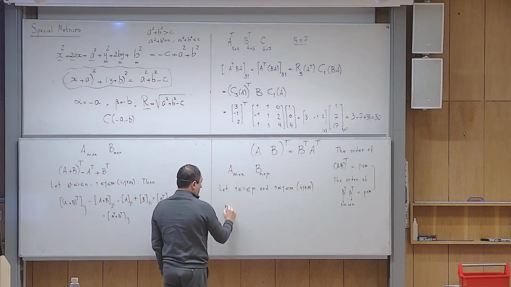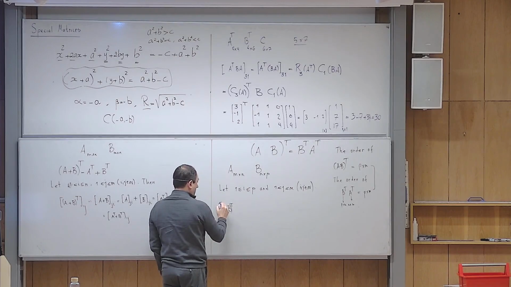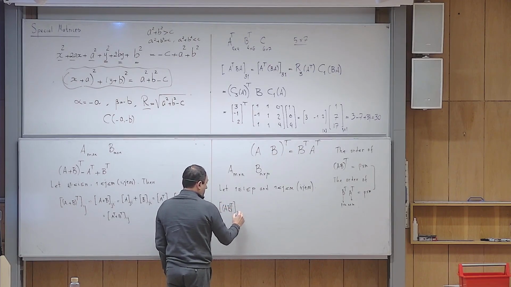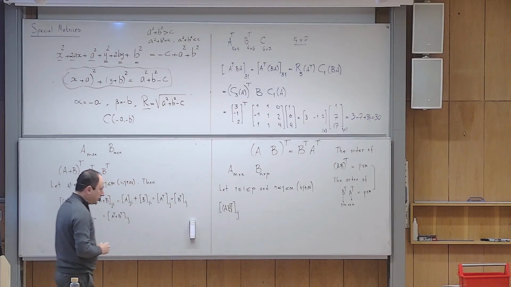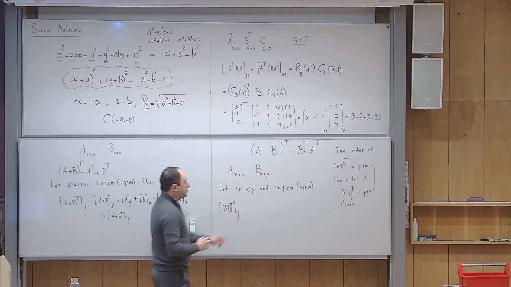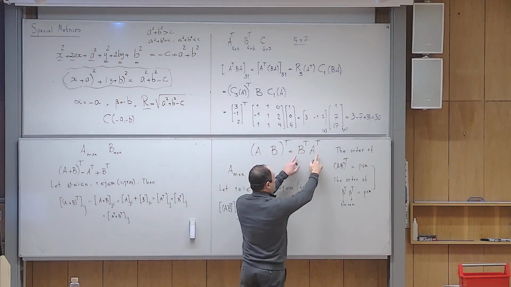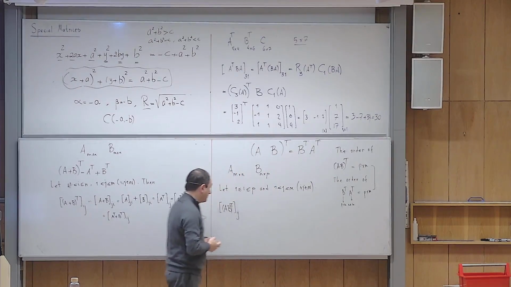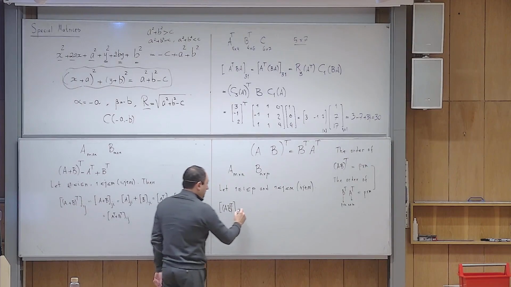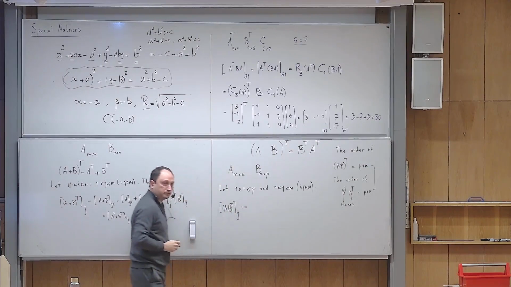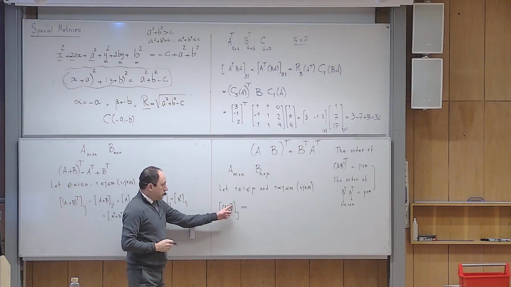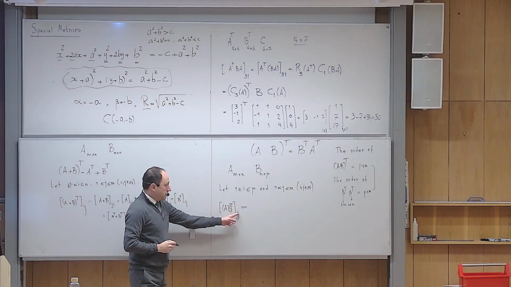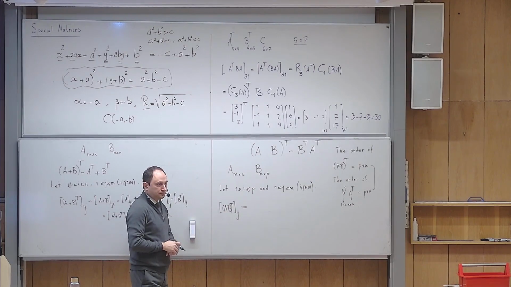I want to take this matrix and look at its ijth entry, and I want to confirm that this is equal to the ijth entry of the matrix on the right. What do you think the first step is? This is the ijth entry of (AB) transpose. What can I do?